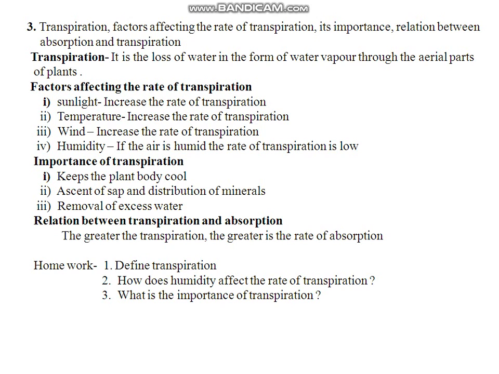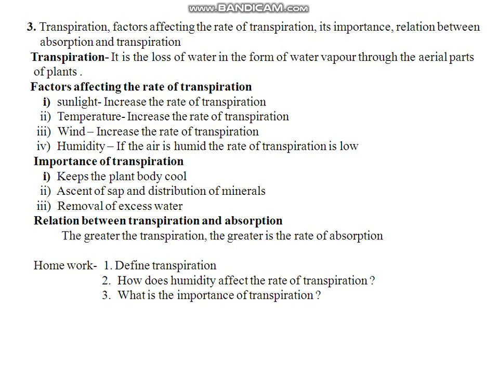So, once again I am repeating the definition: transpiration is the loss of water in the form of water vapor from the plant body through the aerial parts of the plant.